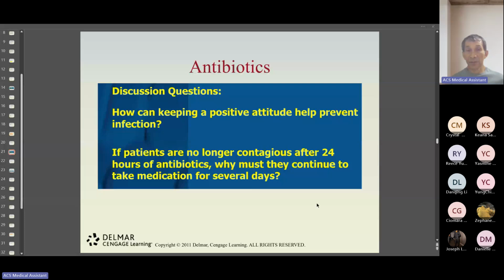So microorganisms need to be treated for the period of time that the medication was given to you. Remember, just because the symptoms subside does not imply that I can stop taking my medication. No, 10 days, 20 days, whatever the time, you have to continue, even if you don't have signs and symptoms. Because that's a big mistake if you don't do it that way.